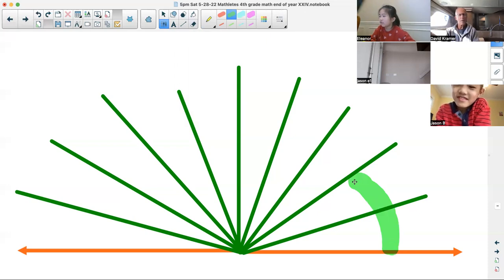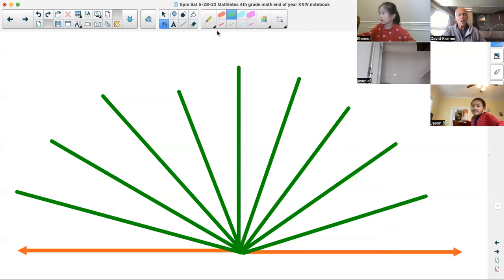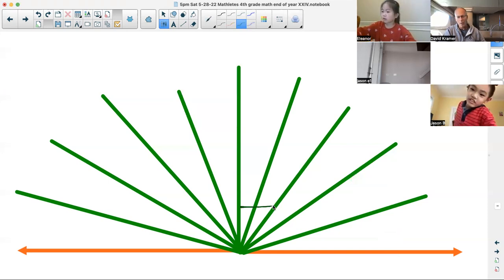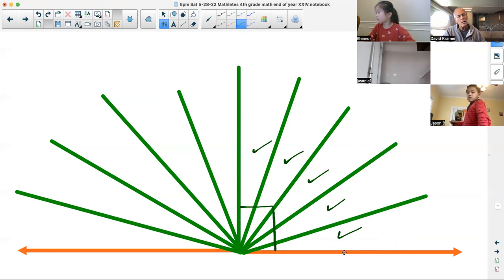Well, you have to count. 90 divided by 1, 2, 3, 4. 90 divided by 4. Wait a minute. 1, 2, 3. Eleanor, is it 4? Are we dividing 90 by 4? We're dividing 90 by 5.